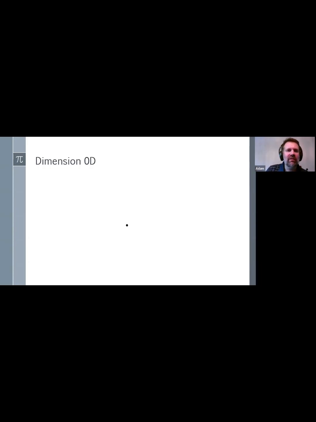And then if we move on to the first dimension, I'm going to go through all the dimensions as a visual of how we look at dimensions. So if we go to first dimension, we're going to take that dot and stretch it in one direction. Well, pretty much 2 directions, actually, one way and the other.